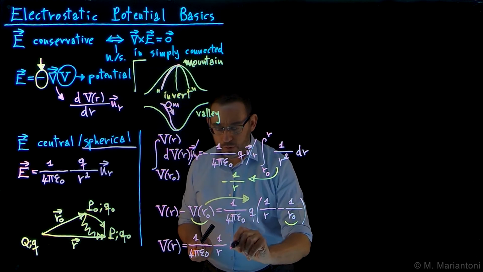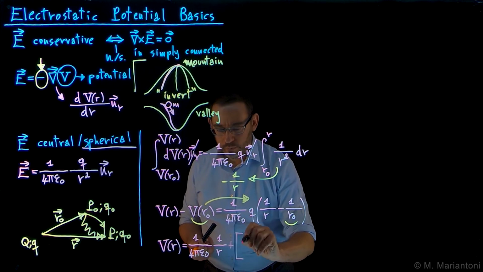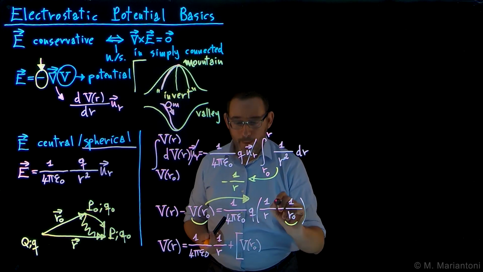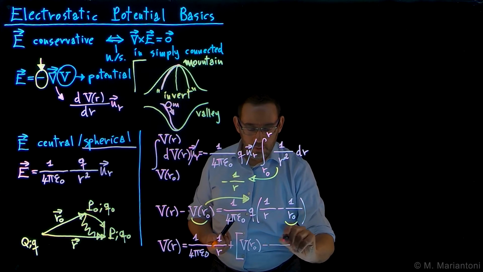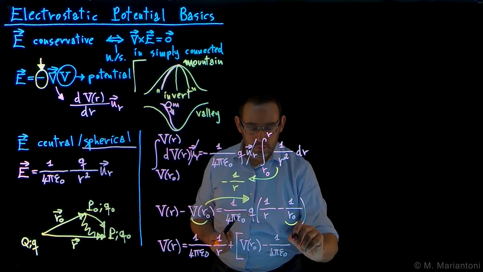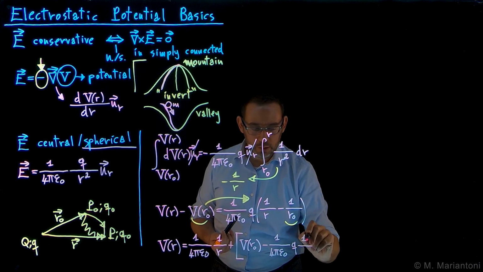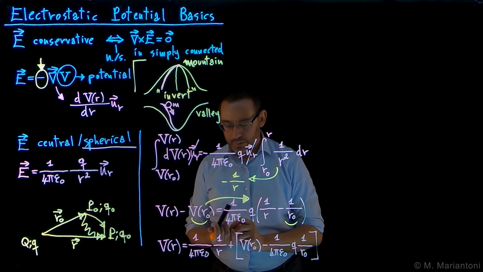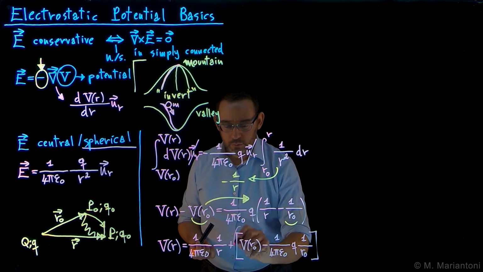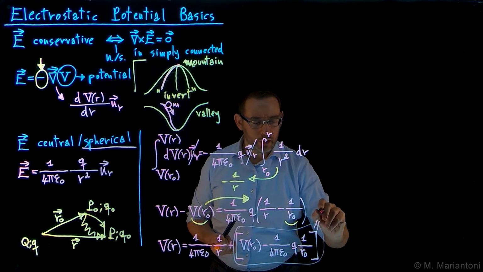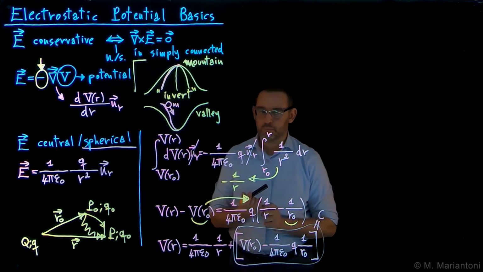And so we obtain plus, let's open a bracket, V of r naught, minus 1 over 4 pi epsilon naught q times 1 over r naught, which is also constant. This quantity here we call the constant of integration, capital C.